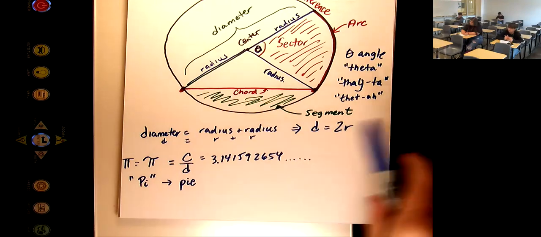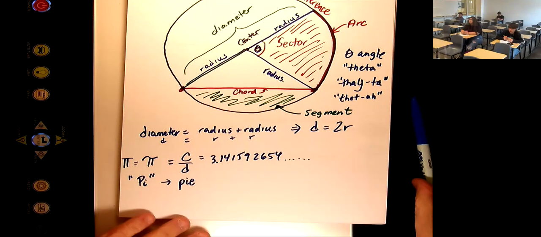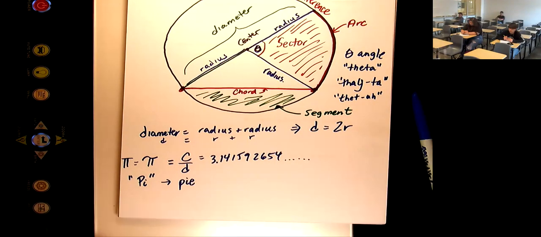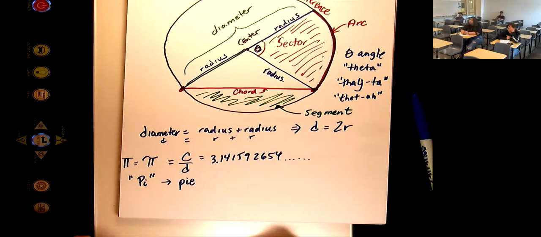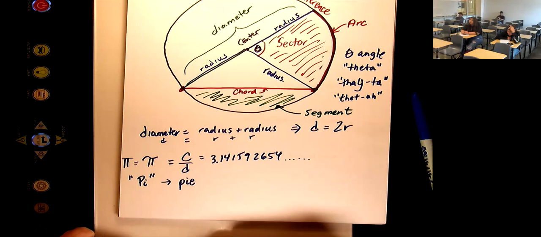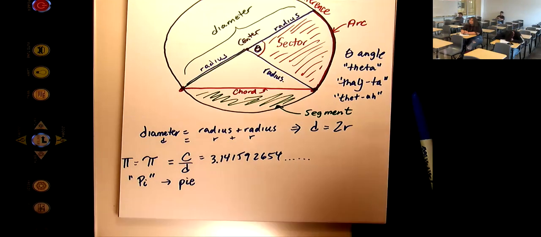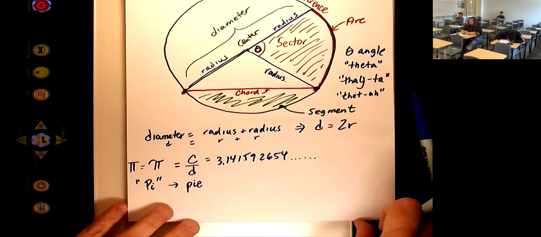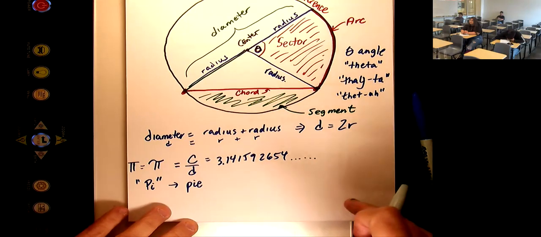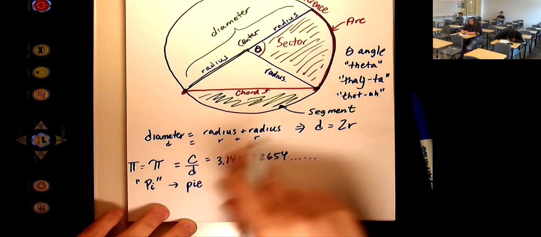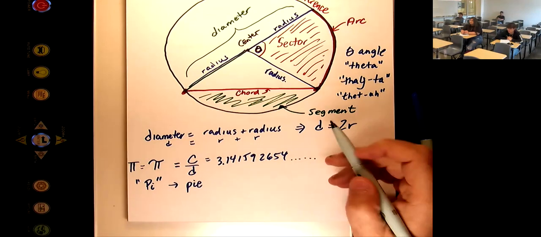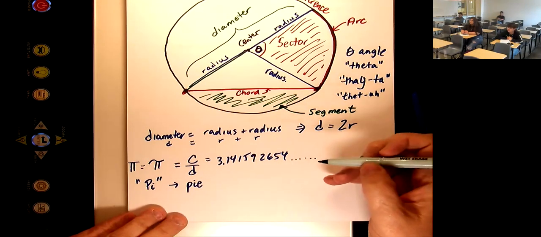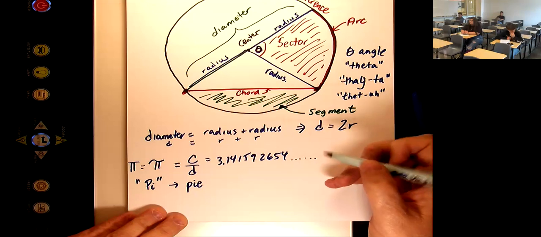No matter how big the circle is, how small the circle is, you take the circumference and you divide by the diameter, you get this number every time. I don't know who came up with it, but it's cool. Someone must have taken a string and measured around a circle to get the length, then measured the diameter, and for some reason said, let's divide it.